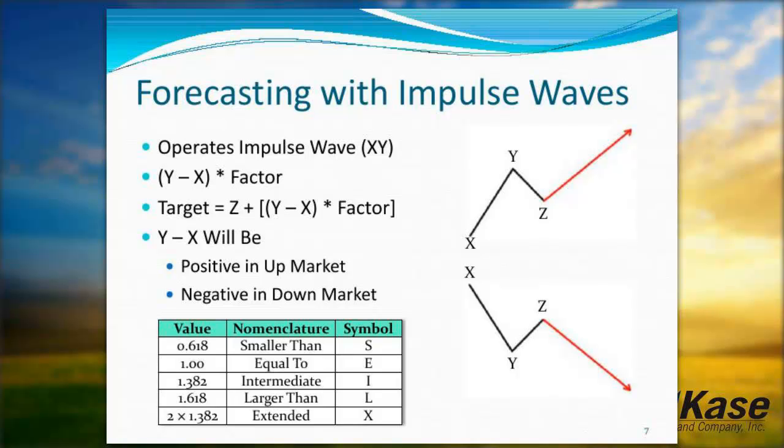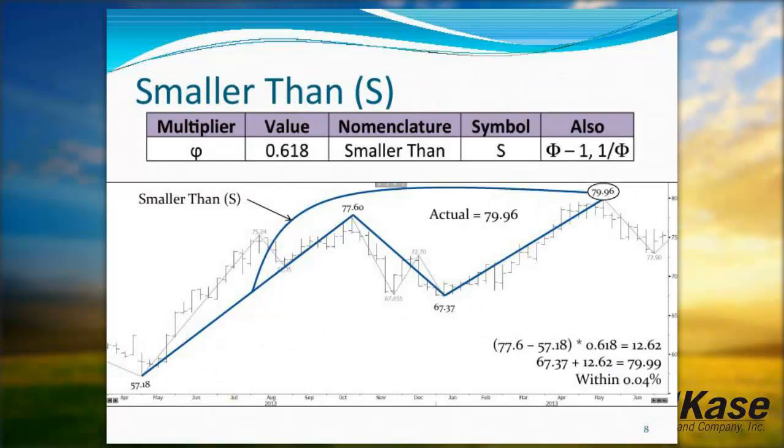All right. So we'll go through some examples here. On slide 8 we have the smaller than target, which is phi prime. That's our multiplying factor. If we look at this wave here, we have the wave 57.18, 77.60 down to 67.37. So if I take my smaller than calculation, which involves taking 77.60 minus 57.18 and multiplying that by 0.618, that gives me a value of 12.62.